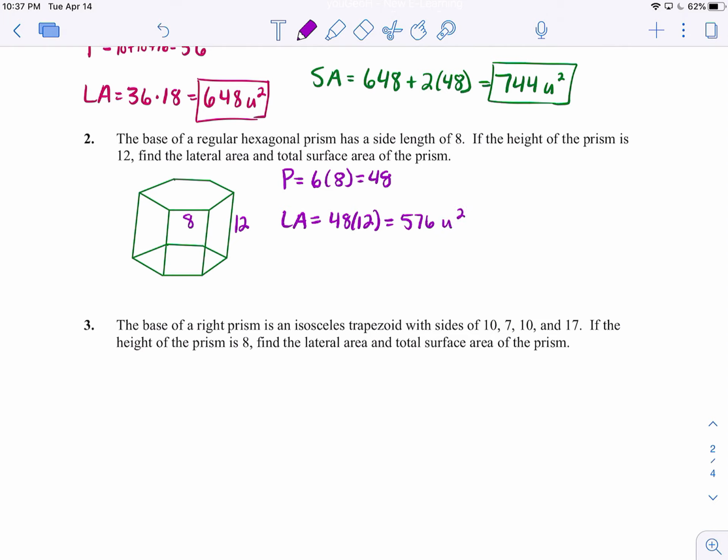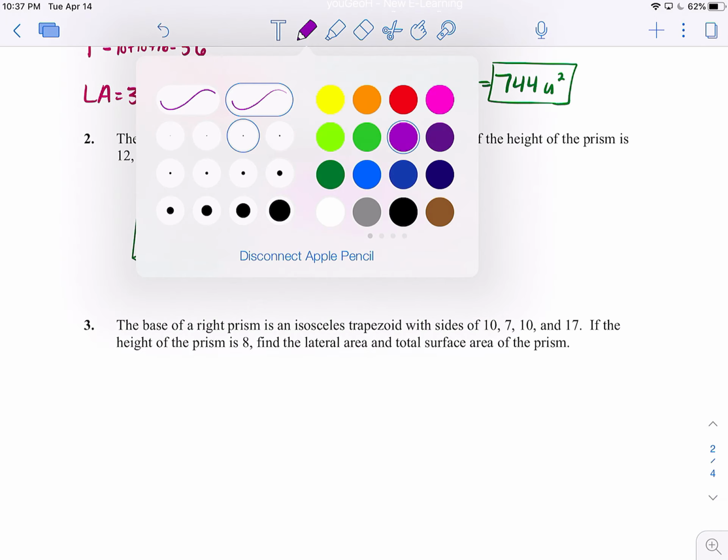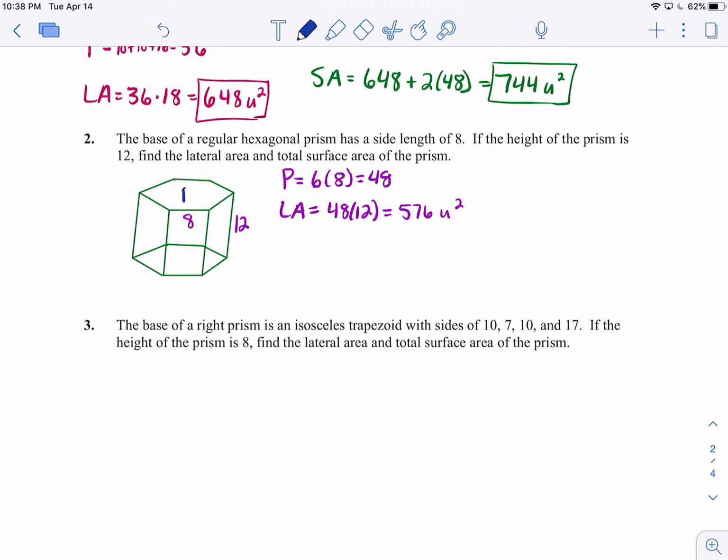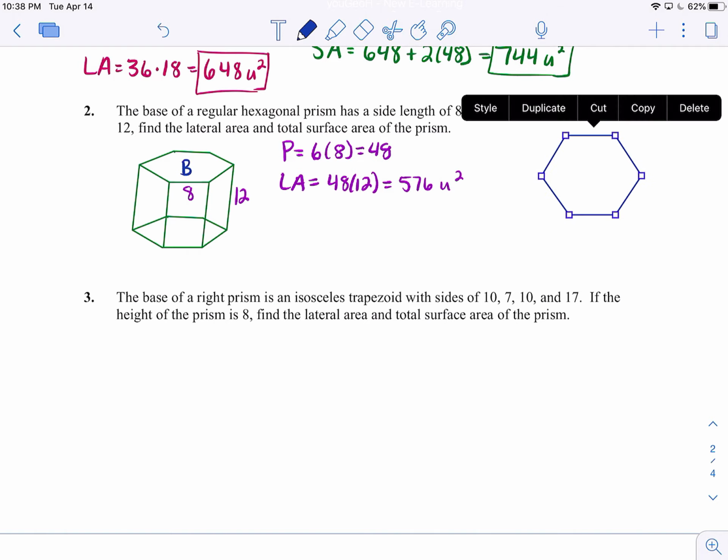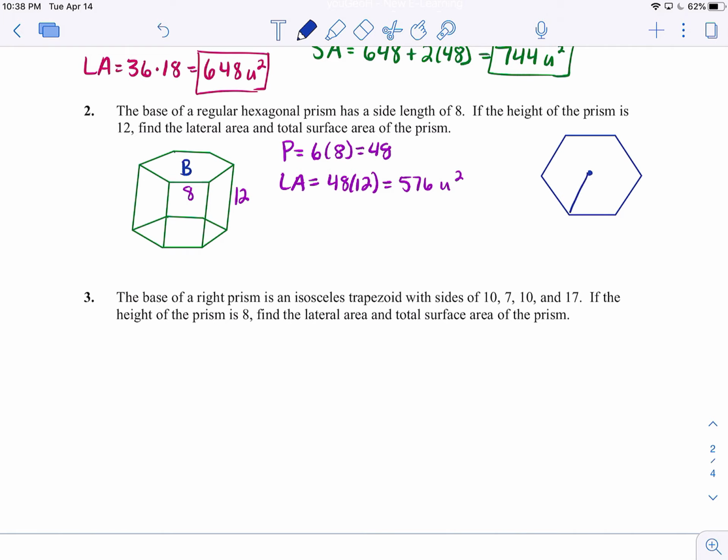All right, so hopefully that part didn't seem too crazy. Now we need to figure out the area of one of these hexagons, and then we'll multiply it by 2. So remember, for a hexagon, we can find this in an exact form.